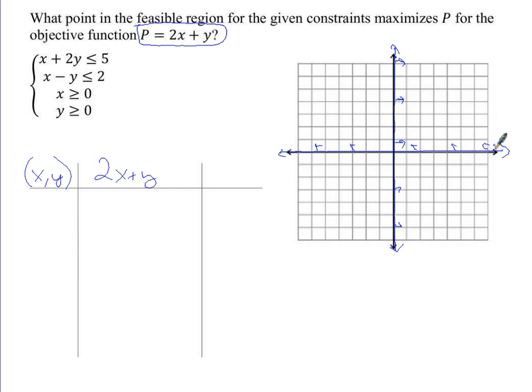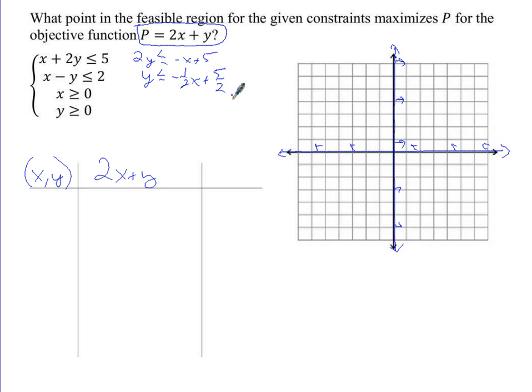Solve the first inequality for y to put it in slope-intercept form. I move the x over and I get 2y less than or equal to negative x plus 5. Divide both sides by 2 and I get y is less than or equal to negative 1/2 x plus 5 halves. That plus 5 halves is kind of a bummer, but it's not that big a deal. 5 halves is 2.5.